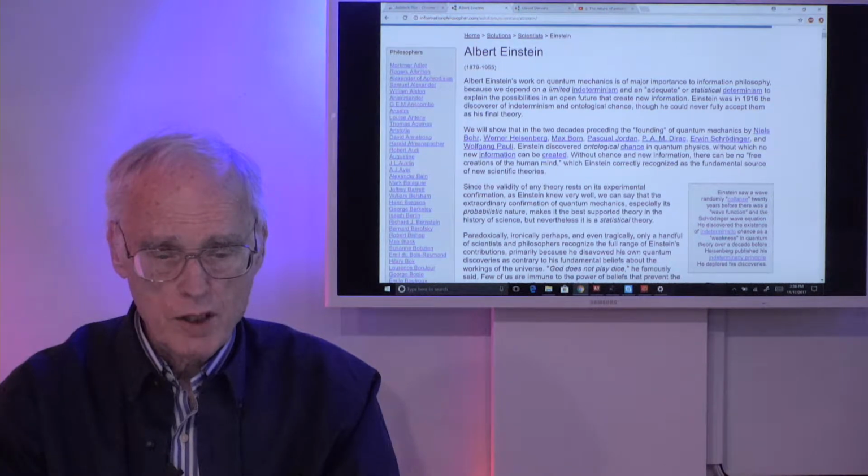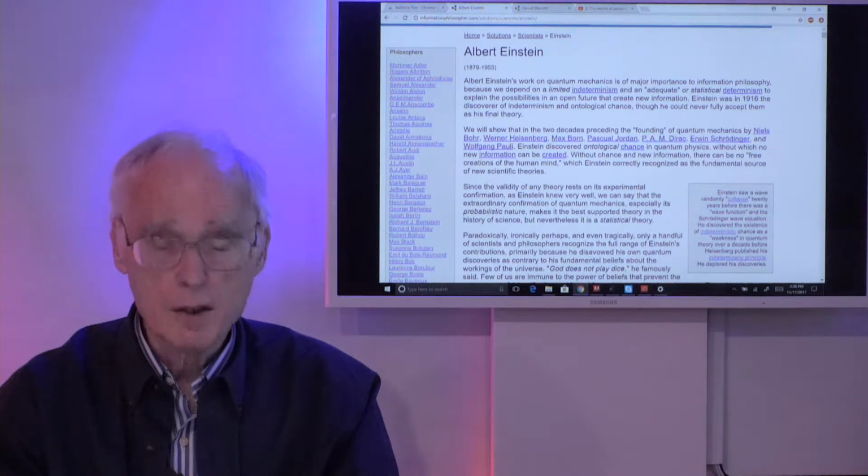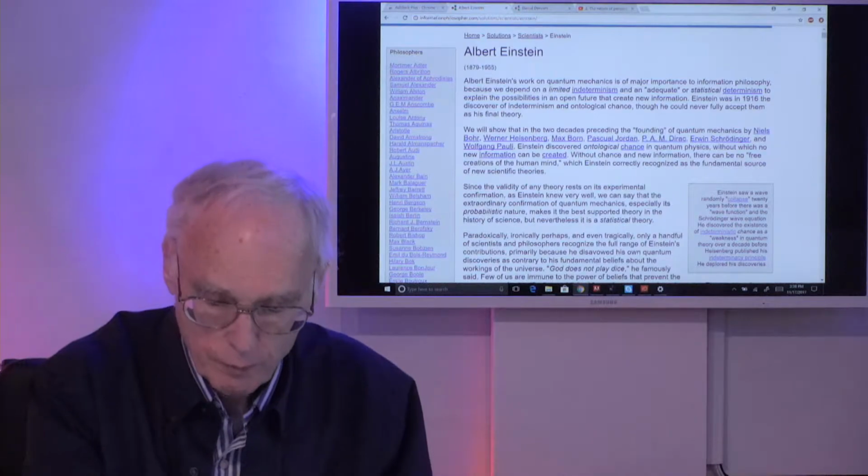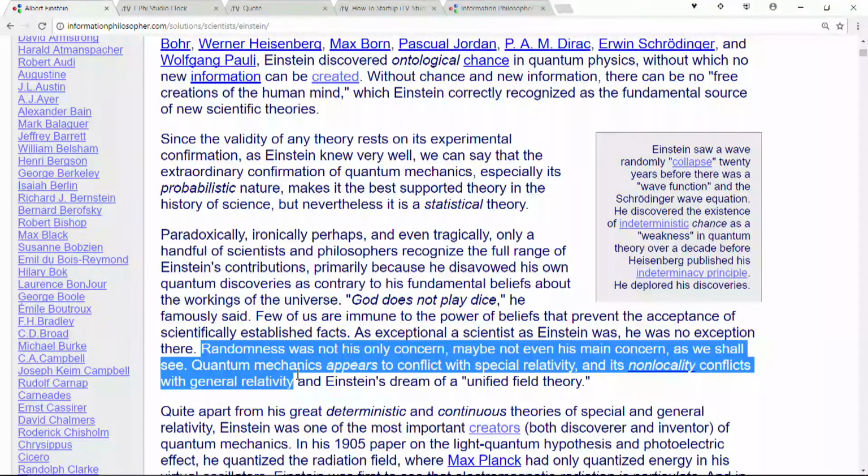It turns out there's a second issue that Einstein was worried about, and that's randomness. Not only randomness, because randomness, certainly in his later years, may not have been his main concern. We will see. It's that quantum mechanics appears to conflict with Einstein's own special relativity.